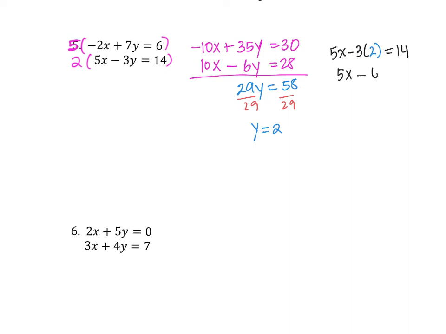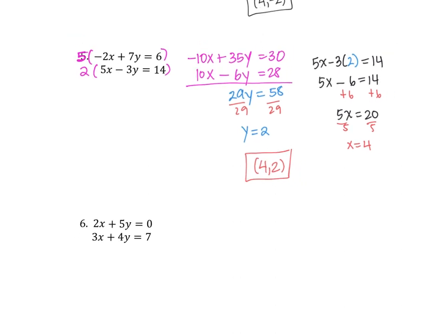I just glance at it and think, does that look easier or harder than the other ones? So I got x is 4, y is 2. So 4 comma 2 as my ordered pair. And if you did it differently, we should still get the same answer.